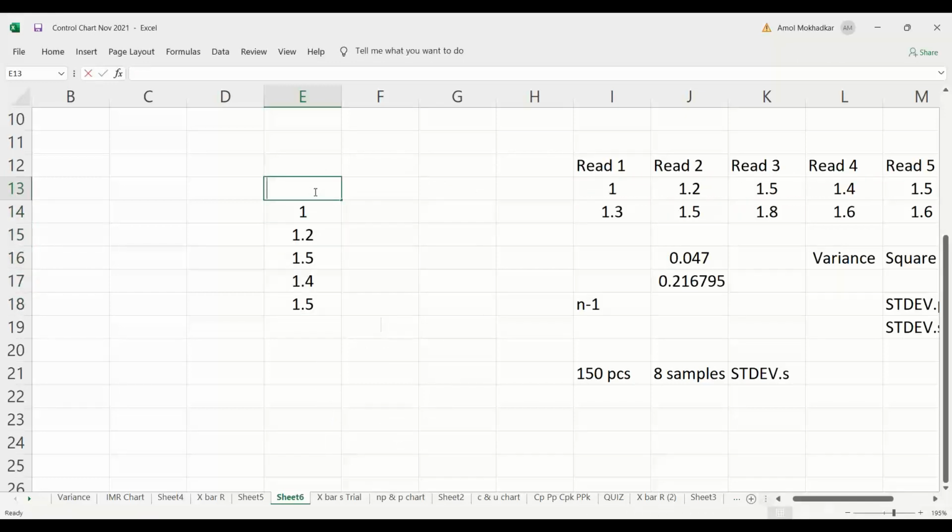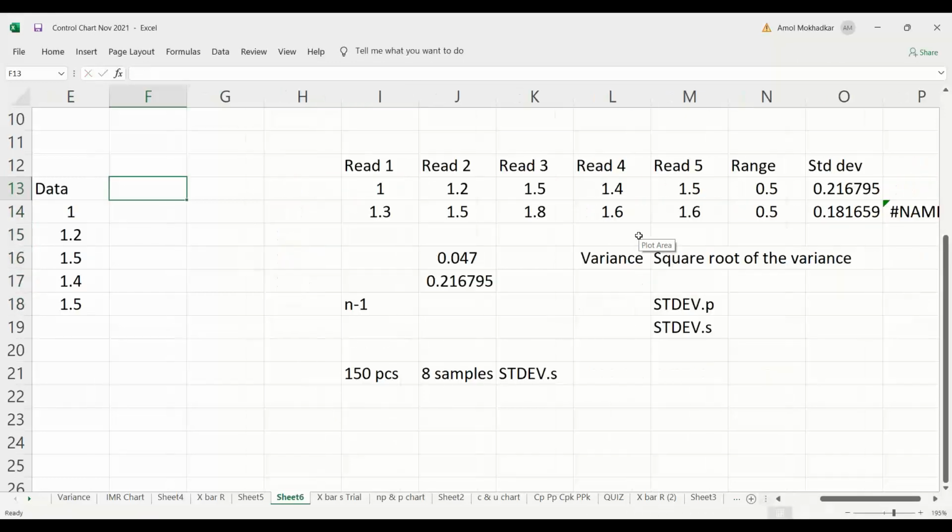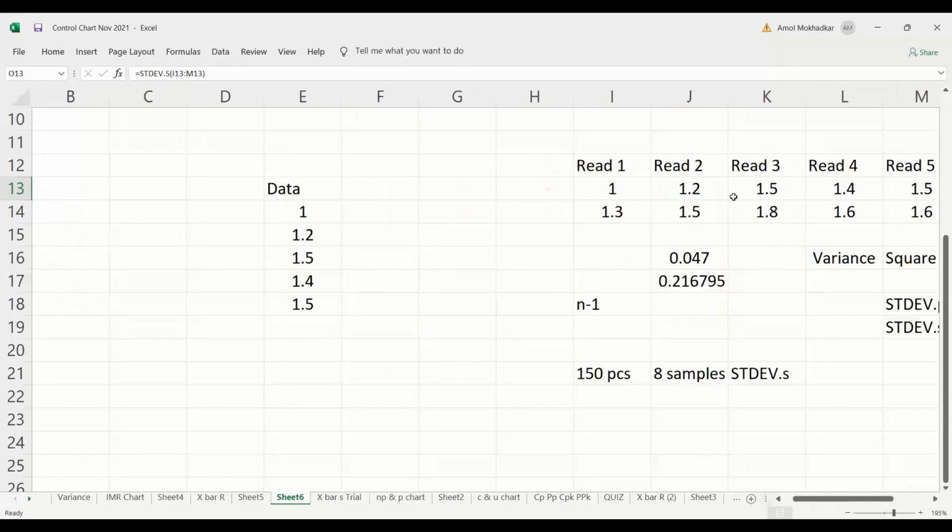This is the data, the same data we are talking about. First, for the variance calculation, as I told you, you need to take the average of this data. Then you need to make data minus average, or average minus data, whatever you want.